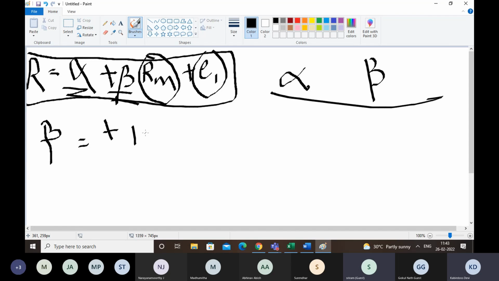So it indicates the stock moves in line with the market. So it is very safe. Whenever the market increases, the stock also will increase. Whenever the market reduces, the stock also will reduce. You must always see to it that you pick up the stock where the beta value is 1. Because the market is 1, but if the beta of your stock is more than 1, then it is very risky.